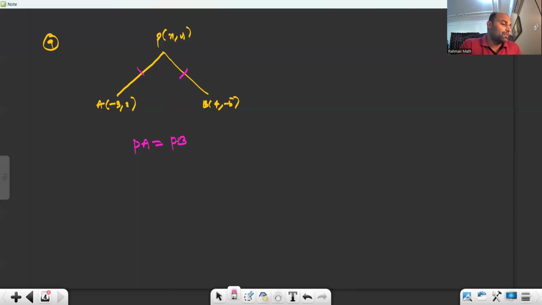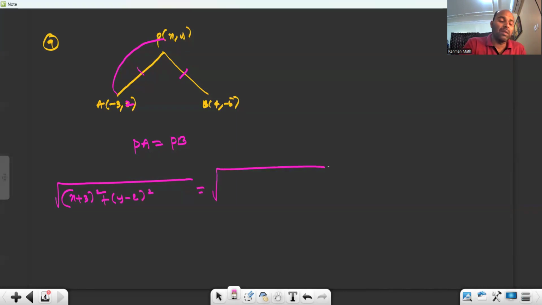What is PA? I told you, whenever it comes, you have to use the distance formula. PA is root of x minus minus 3, which will be x plus 3 whole square, plus y minus 2 whole square, equal to root of x minus 4 whole square plus y plus 5 whole square.